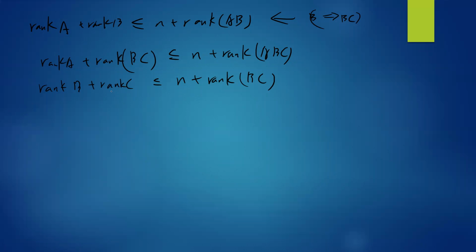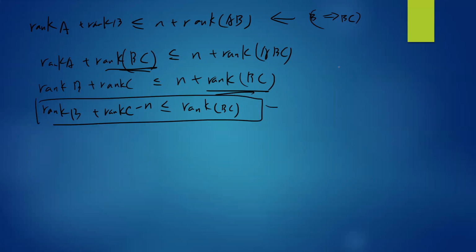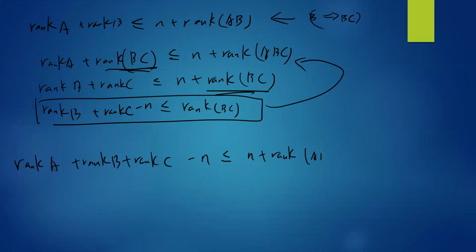This tells me that rank BC is greater than or equal to rank B plus rank C minus n. I can plug it in, so I get rank A plus rank B plus rank C minus n is less than or equal to n plus rank ABC.